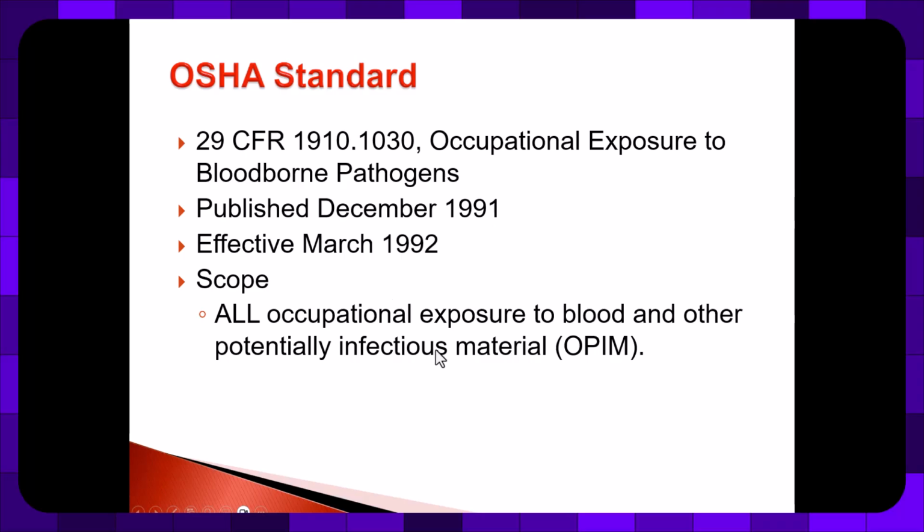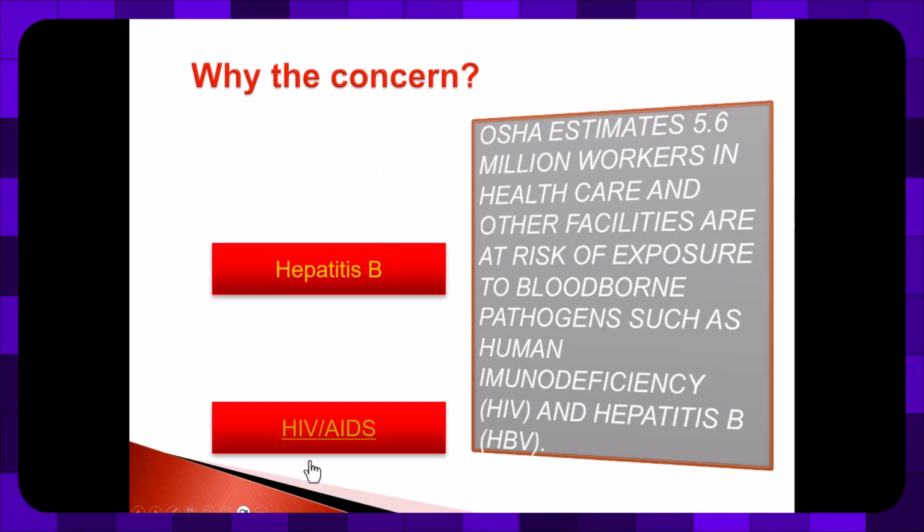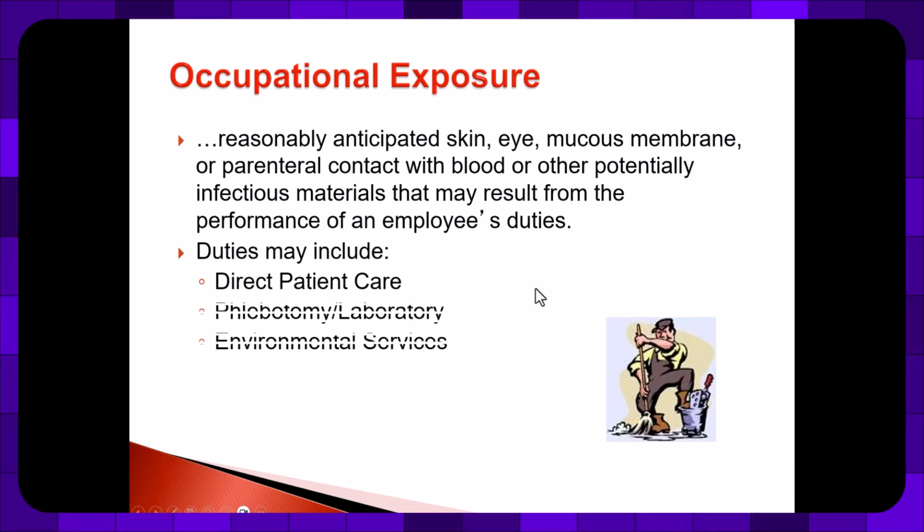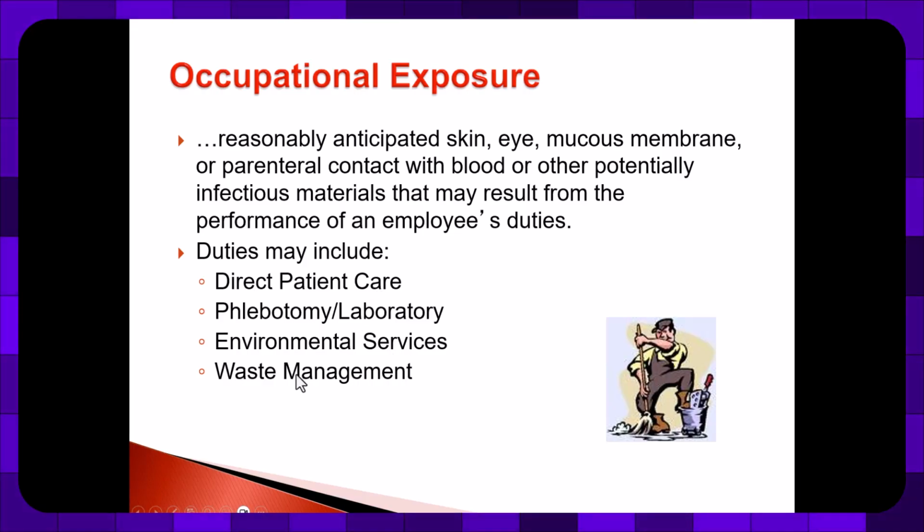So you can look under 1030. HIV and hepatitis B, just really try to make sure that nobody gets exposed to blood or bodily fluids. But this is more along the lines of patient care, labs, environmental services, waste management, laundry too, if there's possible blood or bodily fluids or needles in the laundry.